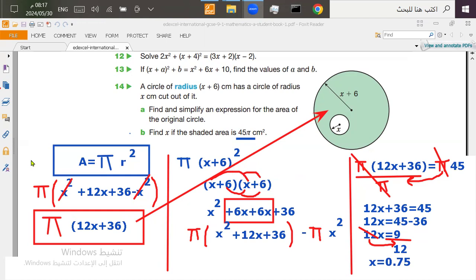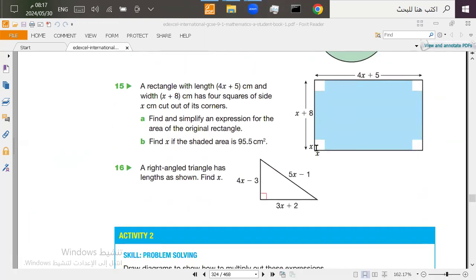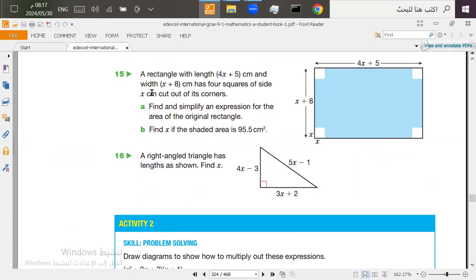Here, same idea, but with different shapes. So here, a rectangle with length of 4x plus 5 and width of x plus 8 has 4 squares of side x centimeters cut out of its corners. So these are the corners. So this one is x times x, x times x, x times x, x times x.